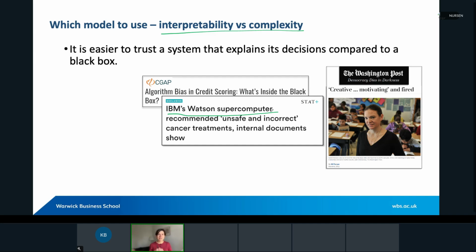The reason was that the medical professionals couldn't understand how the supercomputer was making recommendations. And later it was revealed that the training data wasn't representative enough. So it didn't cover all patients' domains, and the treatment recommended was unsafe for the patients.